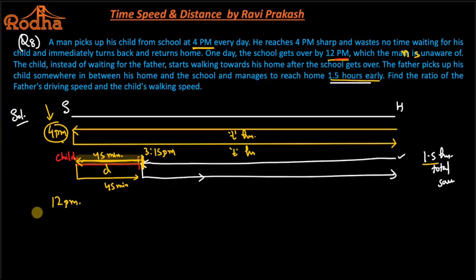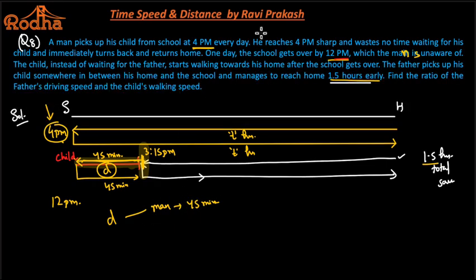So that means he would reach this point at 3:15 p.m. Now understand this, guys, all of you can see here, this distance D will be covered by the father in 45 minutes.